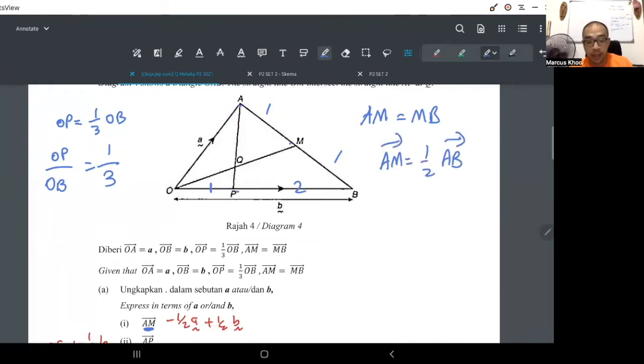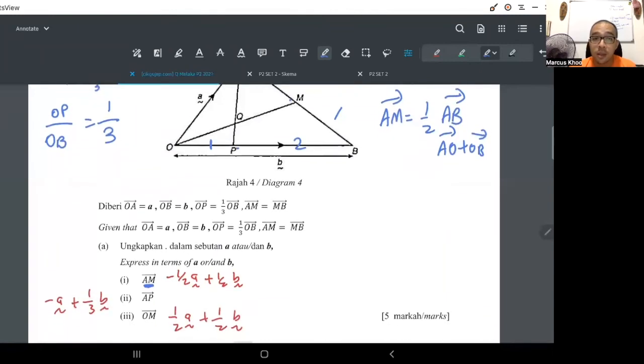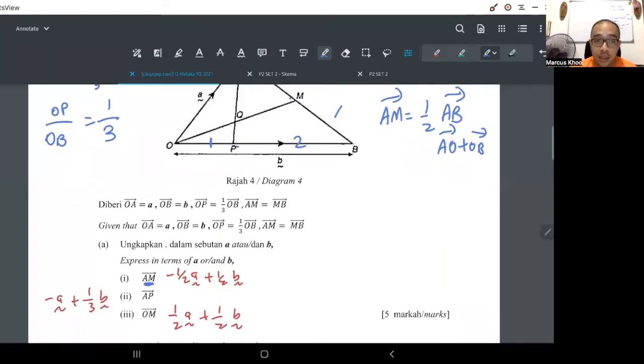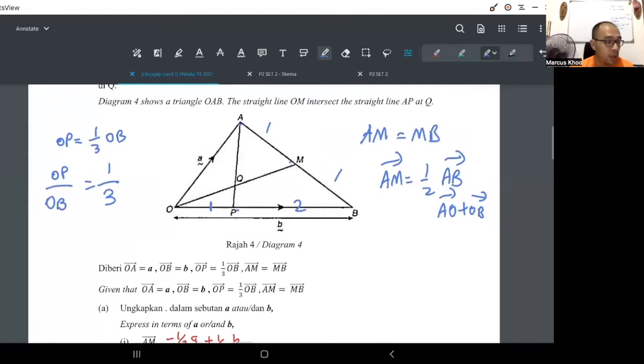And you can find AB. AB will be AO plus OB. And then you can get this. For AP there are a few ways. You can use AO plus OP. Since you already have B, then you can just change this.